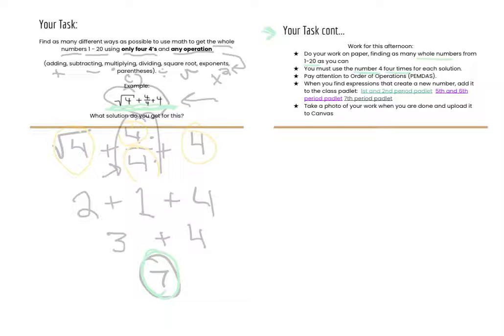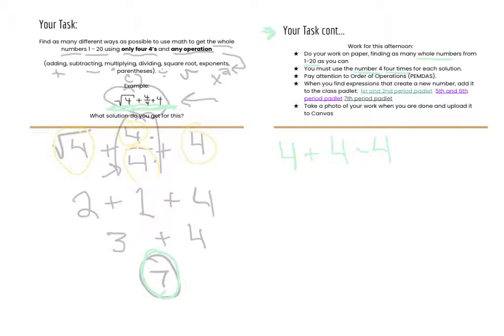I know I have to have 4 fours, so I'm just going to start by putting a 4 down. Okay. I'm going to now add 4 to that. I now have 8. So what happens if I subtract 4? Again, I'm just experimenting right now.